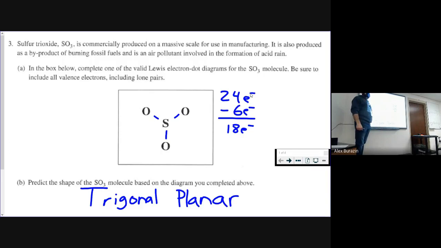I then add electrons around the outer atoms first, up to the octet rule. So currently, each of my oxygens has 2 electrons around it. They each have just the 1 bond. And I can add the remaining 18 of these around the outside.